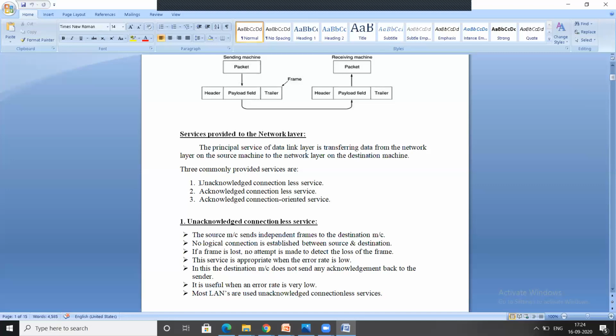Okay, next, second type of service, that is acknowledged connectionless service. ఒక పాయింట్ తెలిస్తే మొత్తం అయిపోతాయి అమ్మా. Acknowledged means there is acknowledgement between source and destination. If source sends a message to the destination, in reply to that message, the destination will send an acknowledgement.